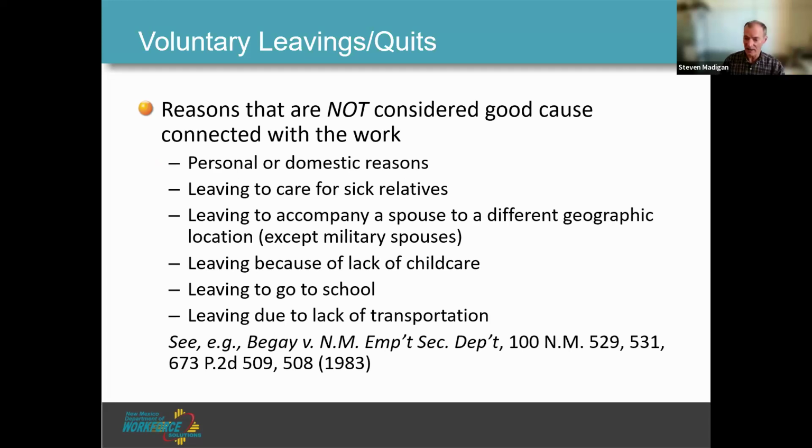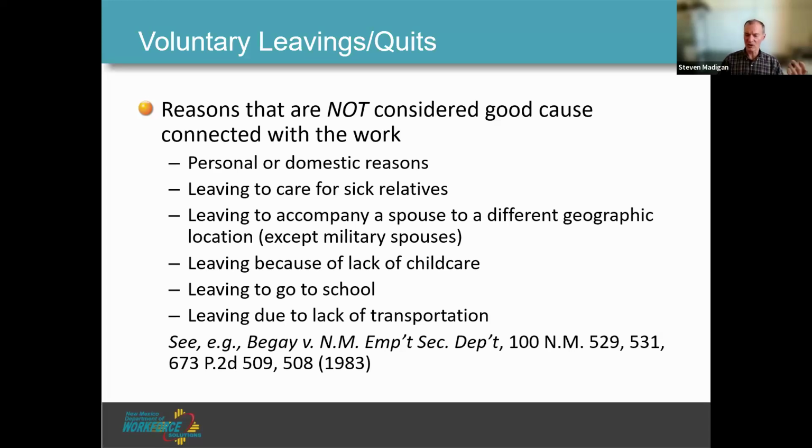So reasons that are not considered good cause connected with the work, and we see these and many more on a regular basis. Someone who leaves for personal or domestic reasons, that's not considered good cause. Leaving to care for sick relatives. There was an exception that allowed that during the pandemic, but that has long expired. So that's back to being not good cause connected with the work.